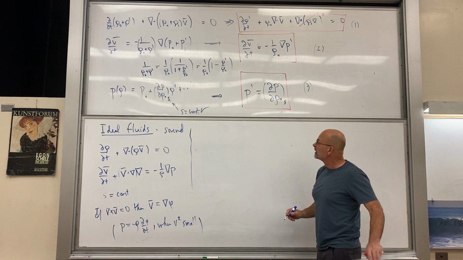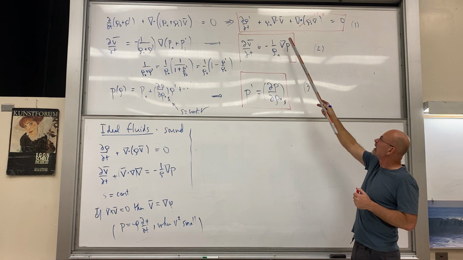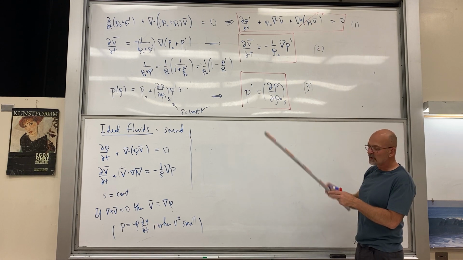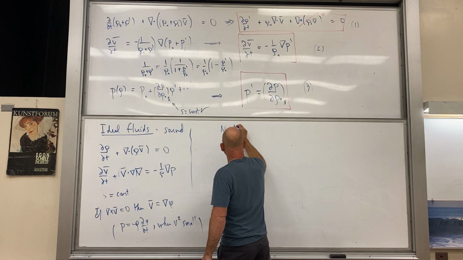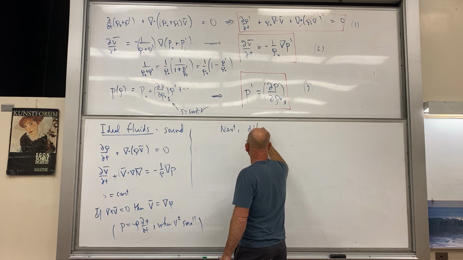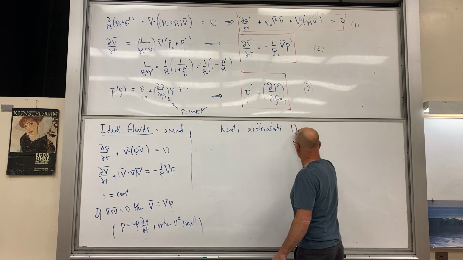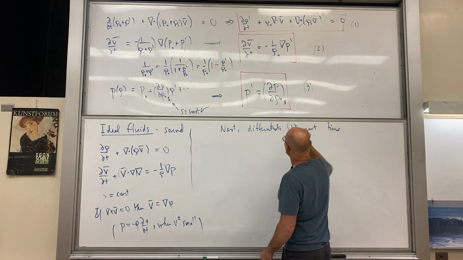So what we're going to do now is differentiate the continuity equation with respect to time. Remember, this one's already gone, this is equation 1. So next, differentiate equation 1 with respect to time. So what do we have here?